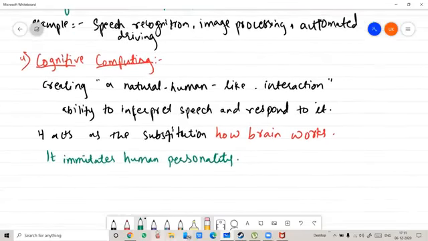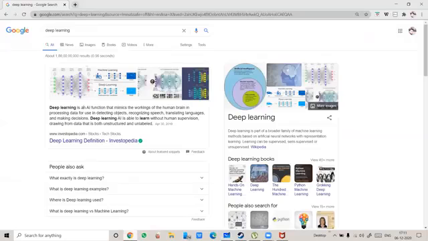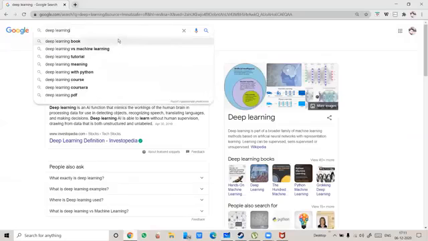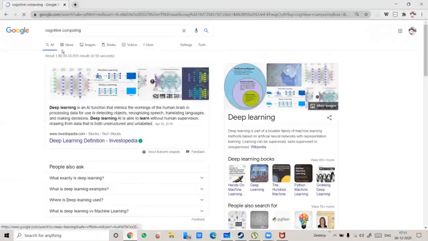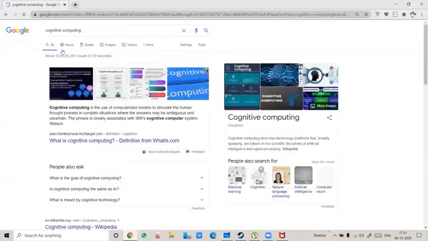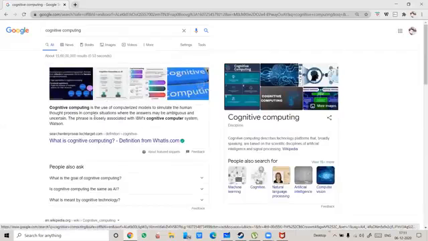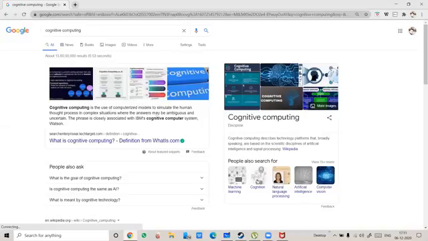Okay students, we'll see cognitive computing with images, so we can understand it in a very good way, inshallah. Cognitive computing is the use of computerized models to simulate the human thought process in complex situations where the answers may be ambiguous and uncertain.